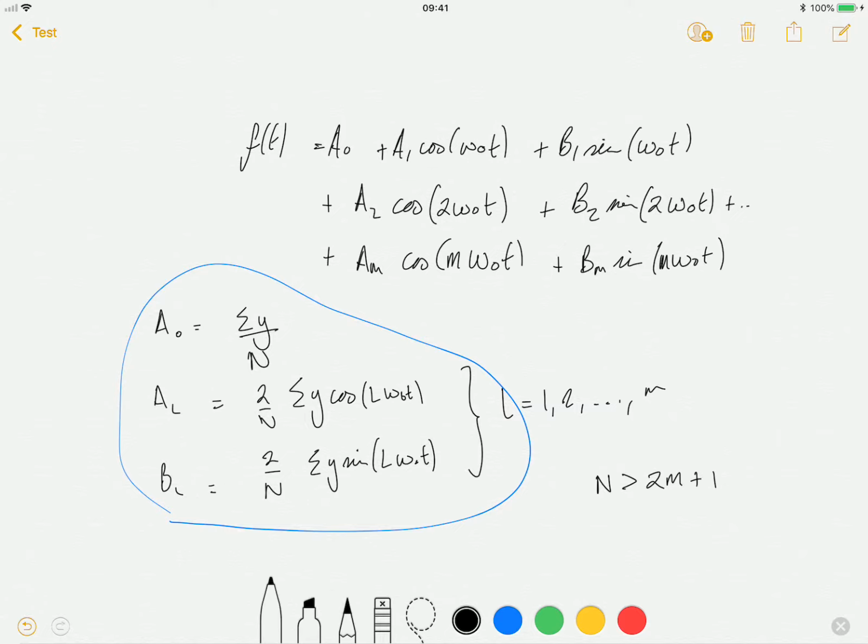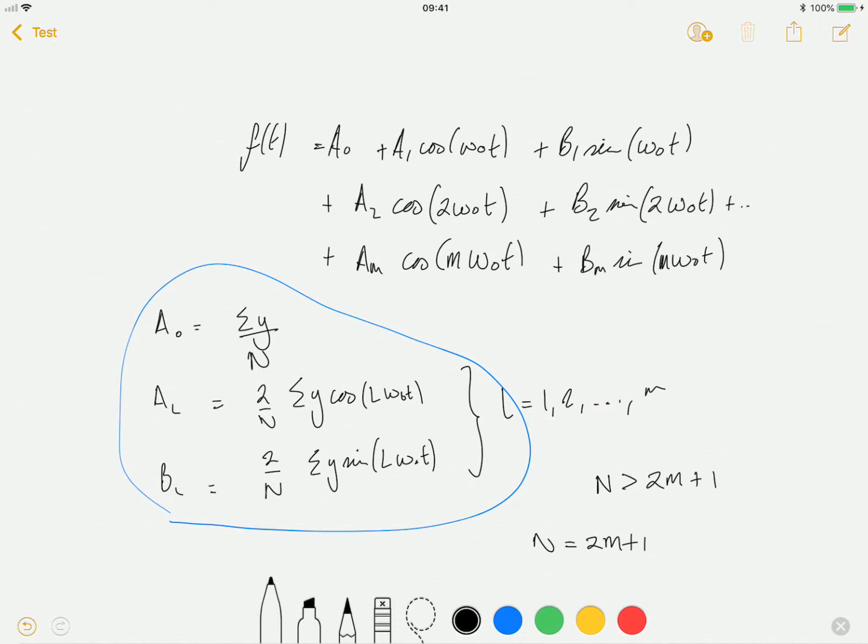But an alternative way is to say that if we have n equal to 2m plus 1, so the number of data points equals the number of conditions that we need to meet, then this approach is what is used in the Fourier series.